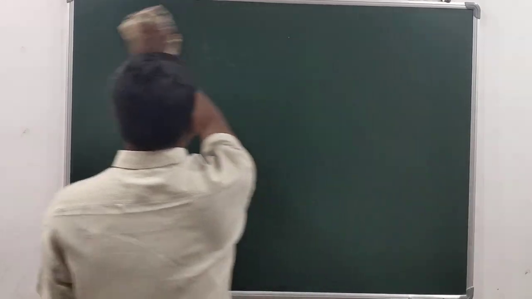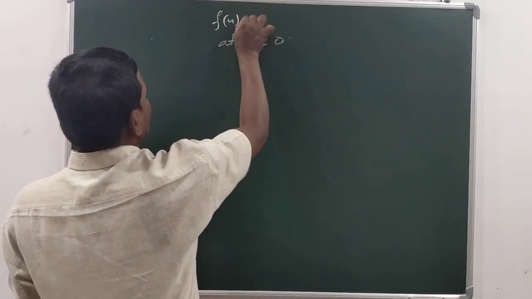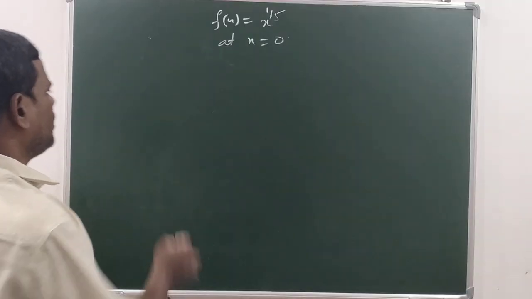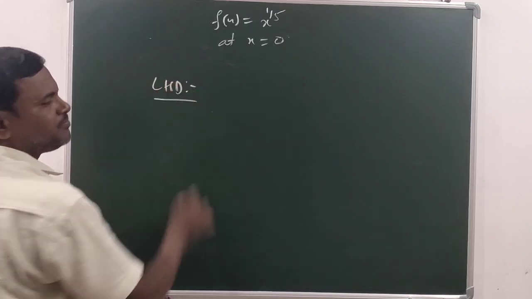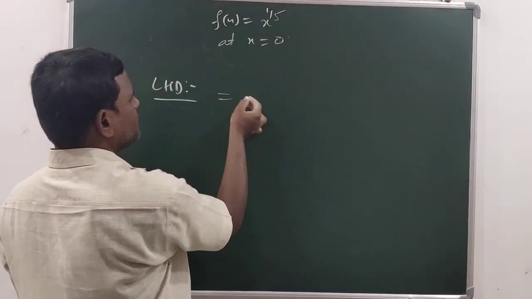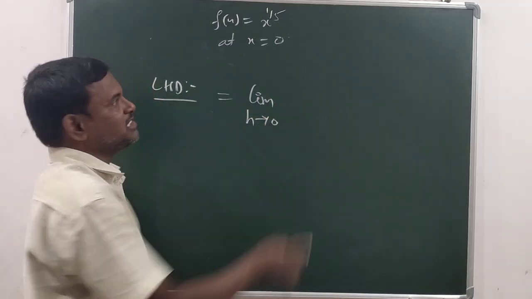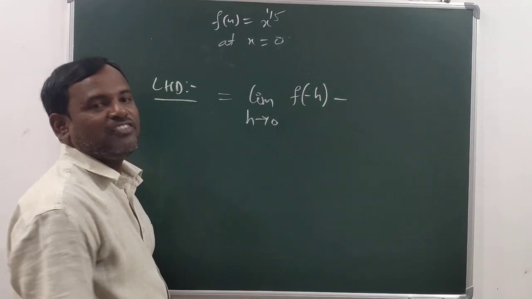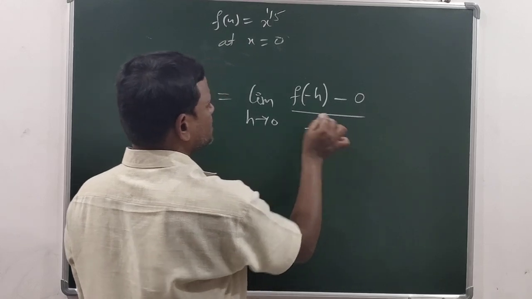Now whether it is differentiable or not, check it at x equal to 0. Check the differentiability of this function f of x equal to x power 1 by 5. Now find LHD and RHD. LHD: what is the formula? Limit h approaches 0 of f of a minus h minus f of a by minus h. With a value 0, this is f of minus h minus f of 0, which is 0, by minus h.